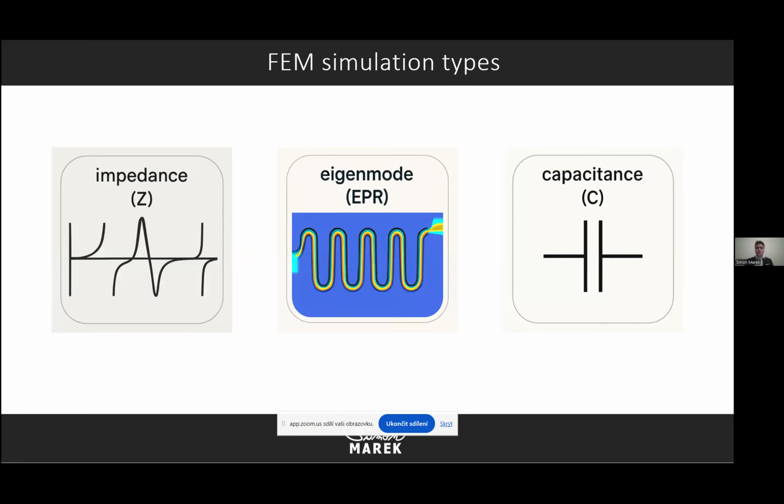So there are FEM simulation types, and what we actually want to extract from the FEM simulation. First one is impedance profiles, which are used for qubits. It can be impedance profiles as parameters and stuff like this. Then another type is eigenmode and EPR simulation.